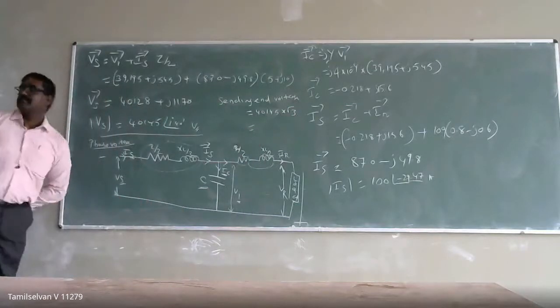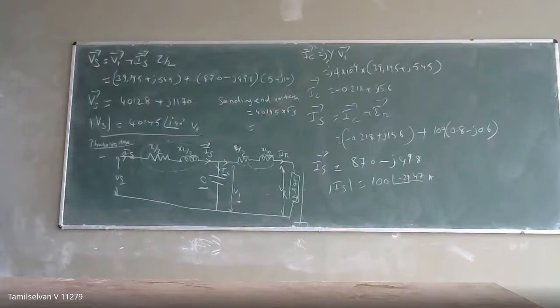How much are you getting? Use the calculator and get the answer. 40,145 into root 3, because we are converting from phase voltage to line voltage.